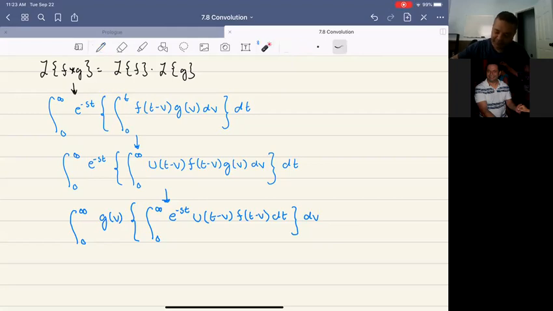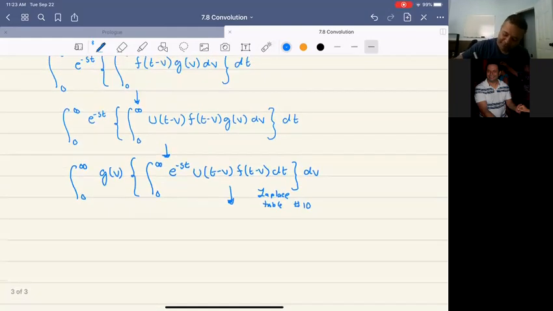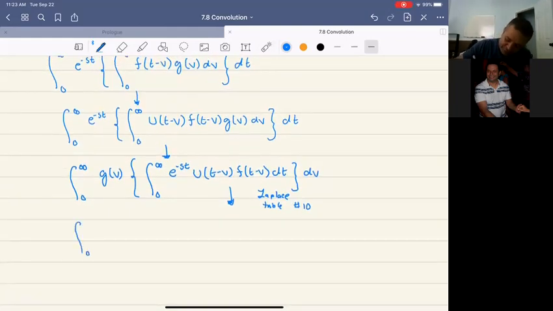This is the Laplace transform of u of t minus v, f of t minus v. So we're going to use Laplace transform table number 10. We get the integral from 0 to infinity of g of v.